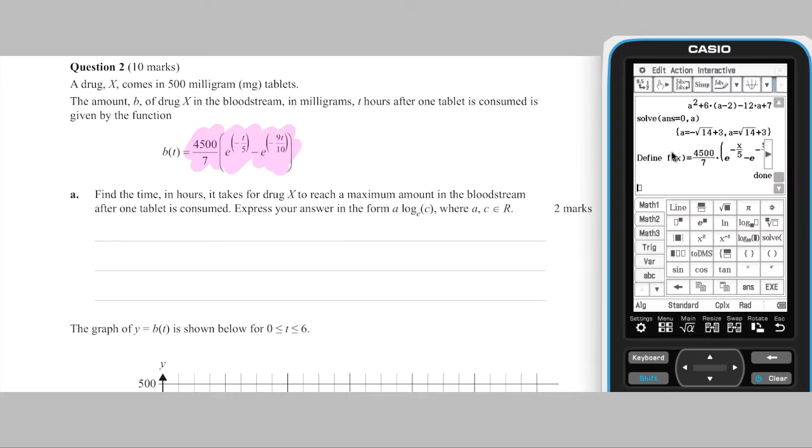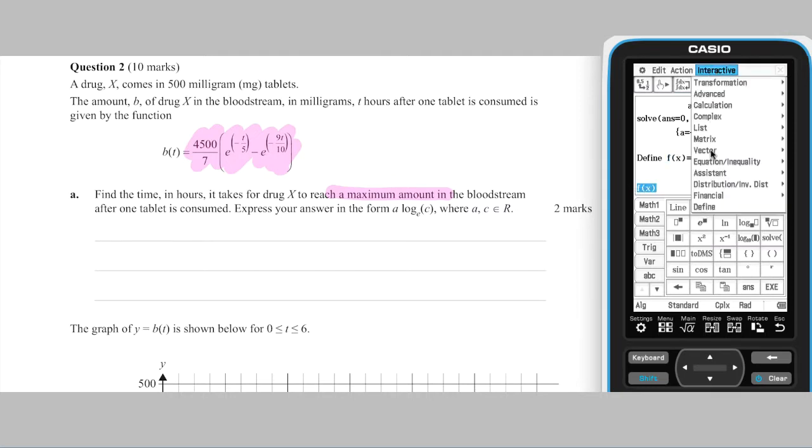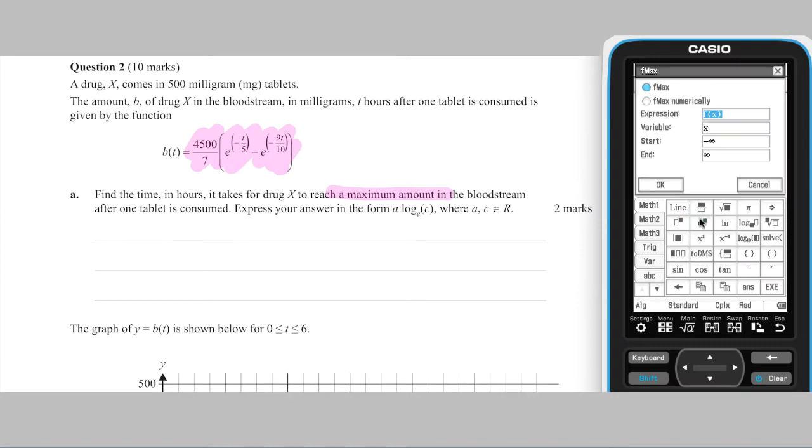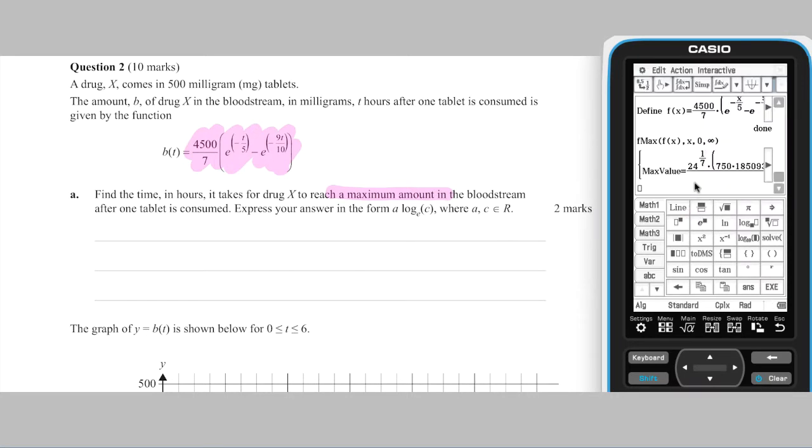Part A. My first computation is to find the time in hours that it takes for the drug to reach its maximum amount, and I can do this using the fmax command applied to my function f of x. Looking for the time taken to reach this maximum value, we need to simplify our answer so it is in the form required.